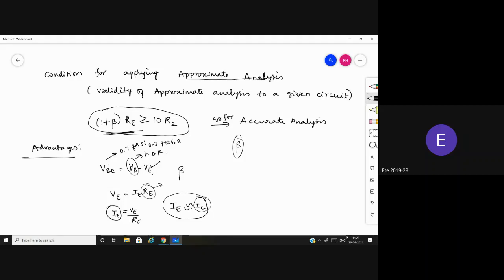Then coming to the disadvantages, even after doing all these things, we say that voltage divider bias is the most widely used and most reliable among amplifier circuits, and at present we are still using the voltage divider circuit in many applications because it is more stable compared to others.